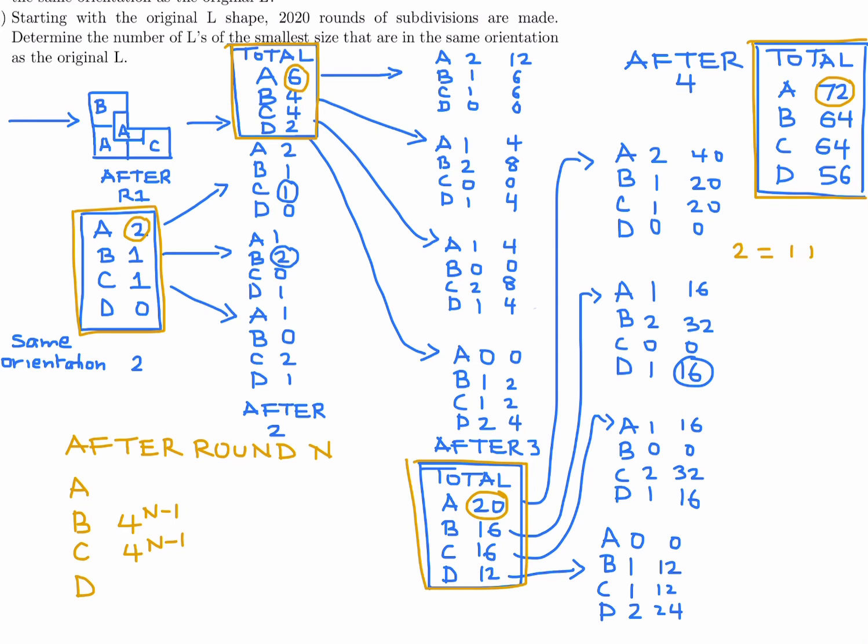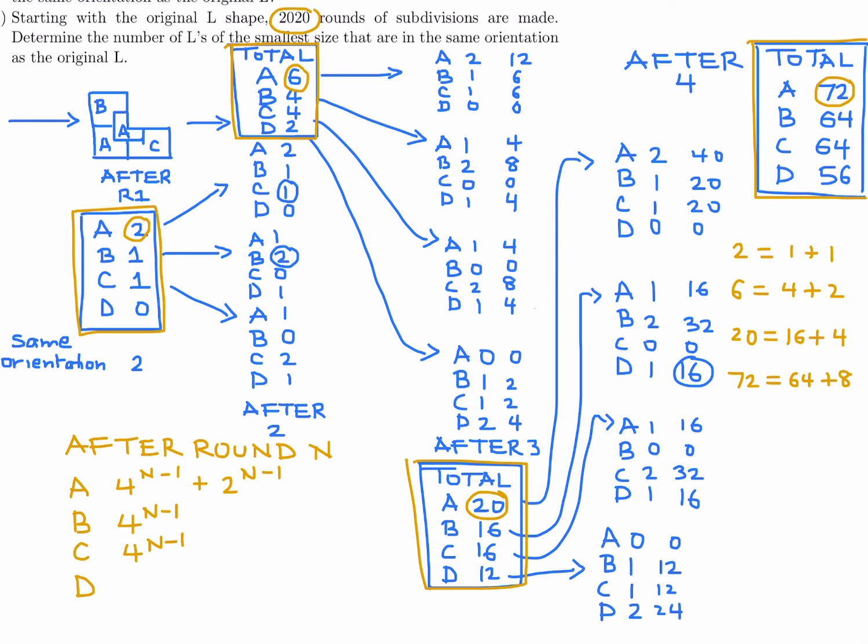And then that 6 looks like 4 to the power of 1, which is 4, plus 2 to the power of 1, which is 2. The 20 down there looks like 4 to the power of 2, which would be 16, plus 2 to the power of 2, which is 4. And that 72 looks like 4 to the power of 3, which is 64, plus 2 to the power of 3, which is 8. And that's definitely the pattern. So, in general, it would be 4 to the power of n minus 1 plus 2 to the power of n minus 1.